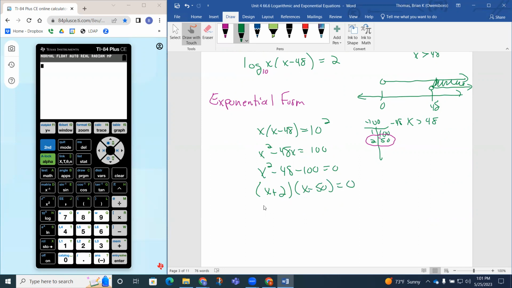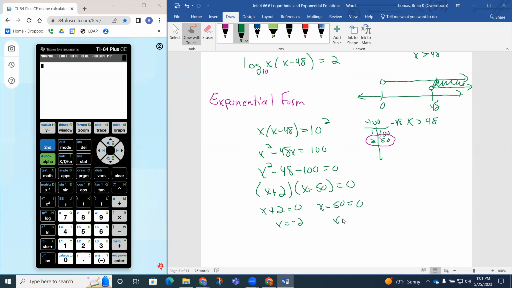So if I set each one of these linear equations equal to 0, that's that multiplication property of 0. So x equals negative 2, notice that a negative 2 would make this equal to 0, because negative 2 plus 2 is 0, and 0 times anything is 0, so that would be a true statement. X minus 50, what makes that 0?